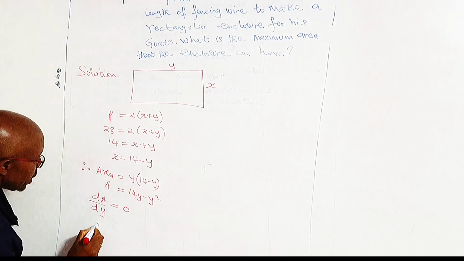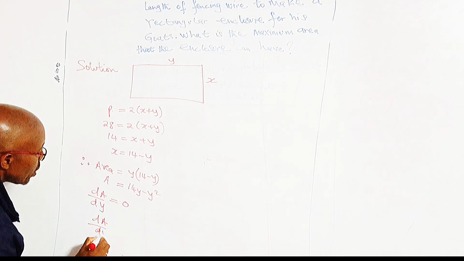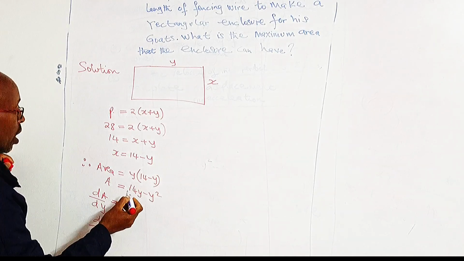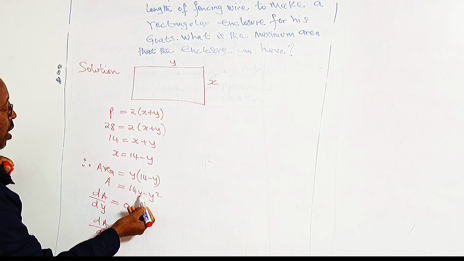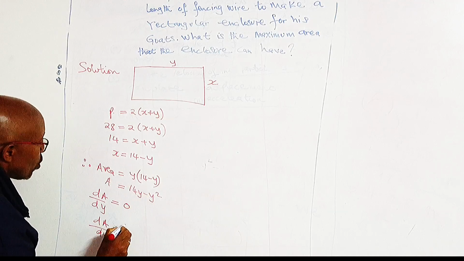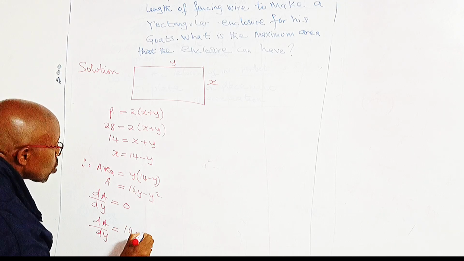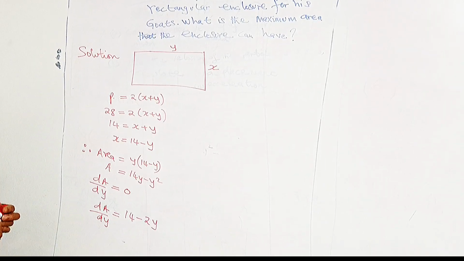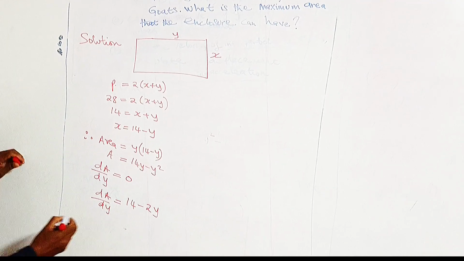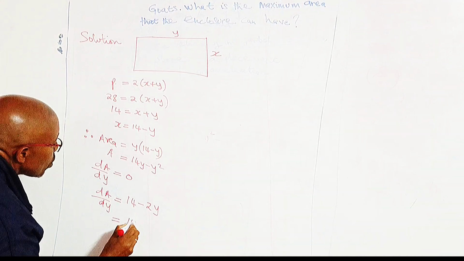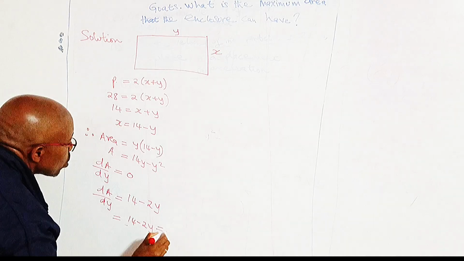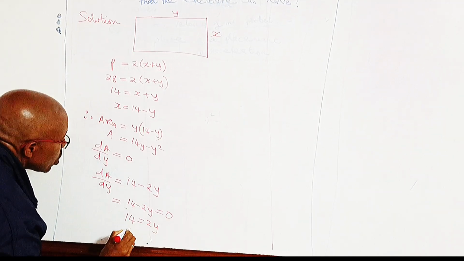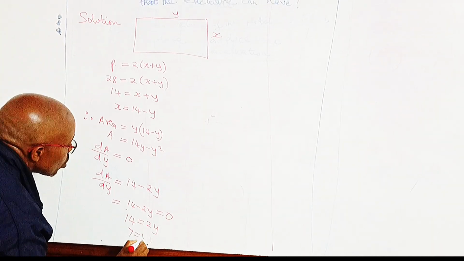So our dA/dy will be, differentiating and multiplying, 14 minus 2y. And it is maximum when dA/dy is equal to 0. So we equate 14 minus 2y is equal to 0. 14 is equal to 2y. So 7 is equal to y.